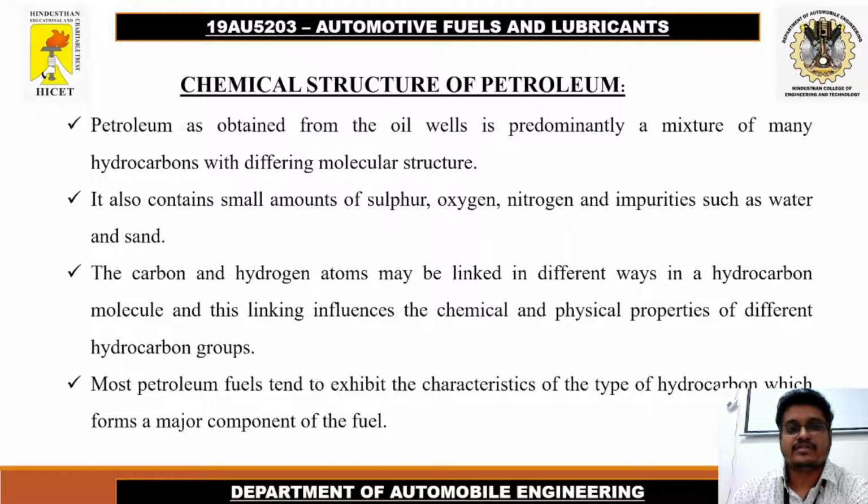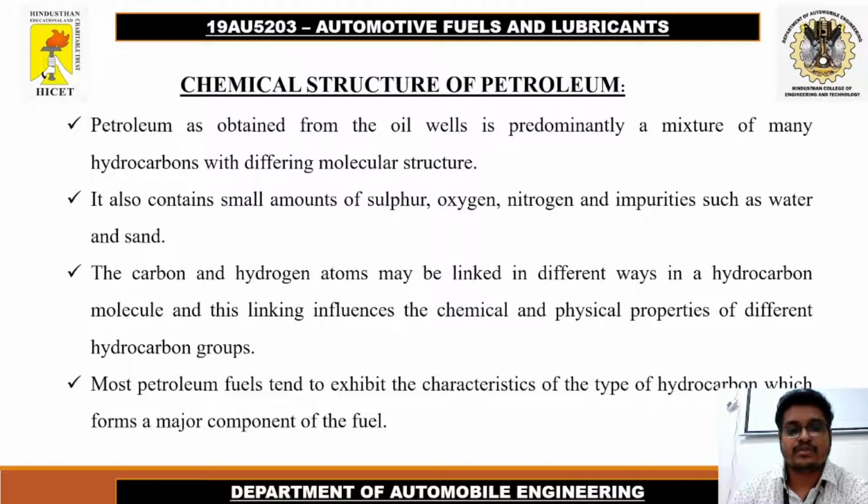It also contains small amounts of sulfur, oxygen, nitrogen and impurities such as water and sand. The carbon and hydrogen atoms may be linked in different ways in hydrocarbon molecules, and this linking influences the chemical and physical properties of different hydrocarbon groups.